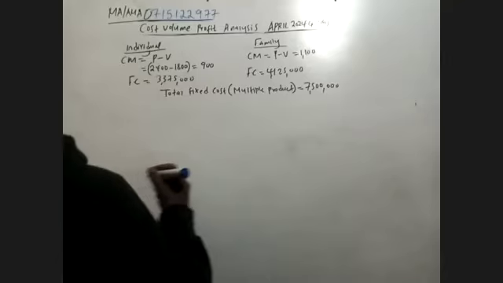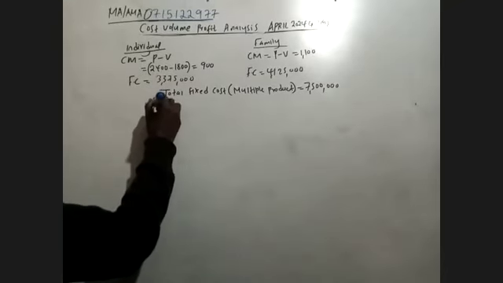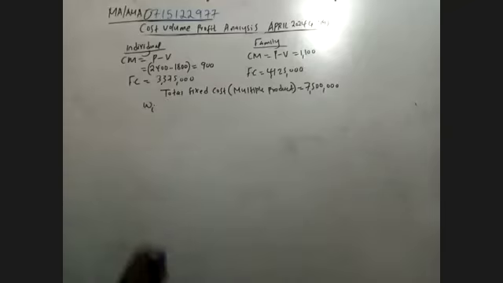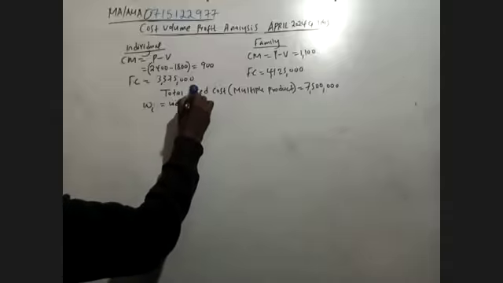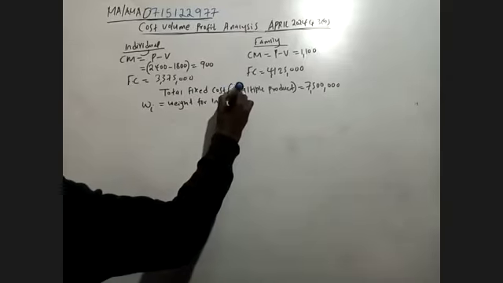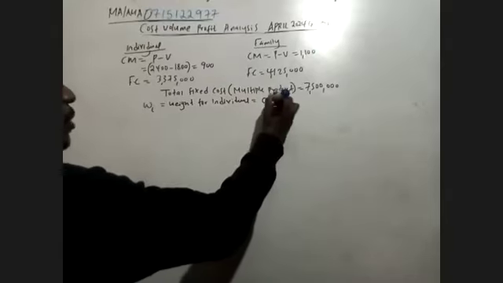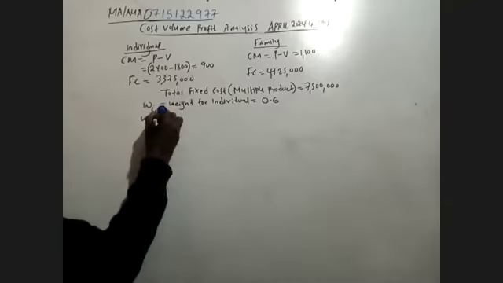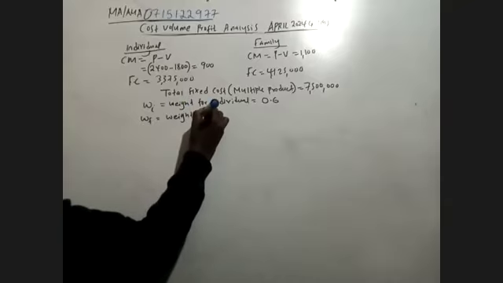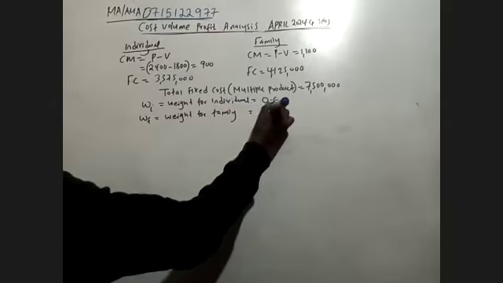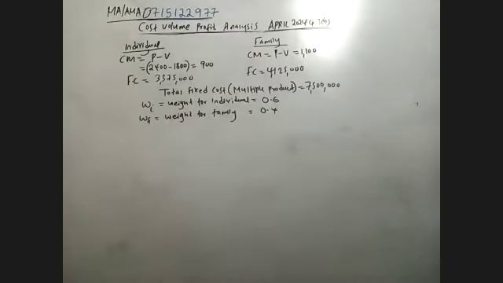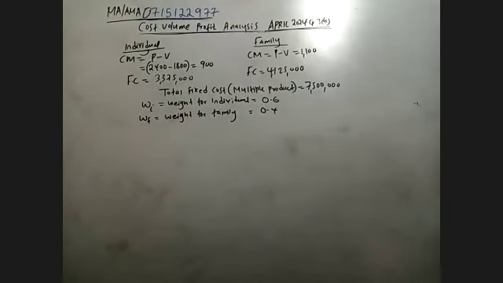Now the weight of individual, let me call it I. Weight for individual, they have given us, so no need to calculate: 0.6. Then weight for family is 0.4. Let me confirm if it will be true by taking the sales above. Anyway, we have been given, no need to give ourselves hard work.